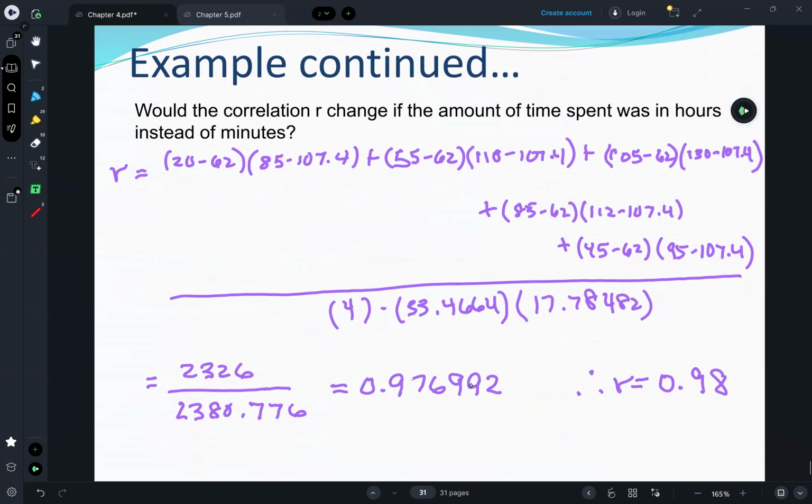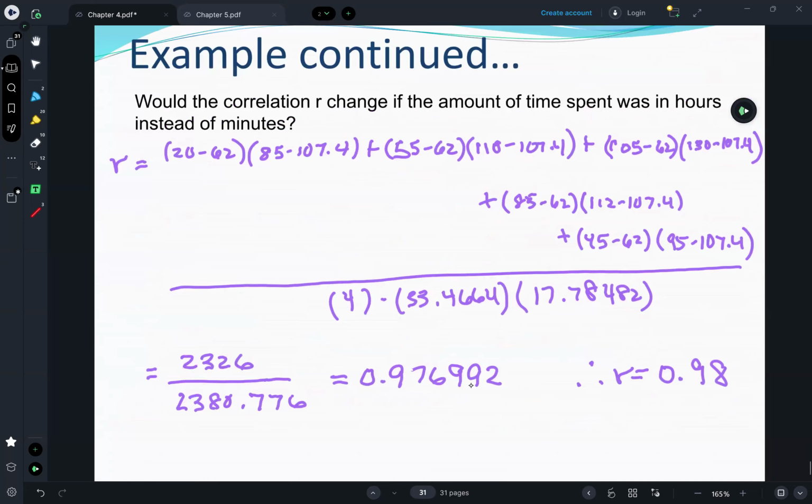And it says here, finally, would the correlation R change if the amount of time spent was in hours instead of minutes? No. Perfect, yes. Correlation R has no units because we have minutes in the top, right?